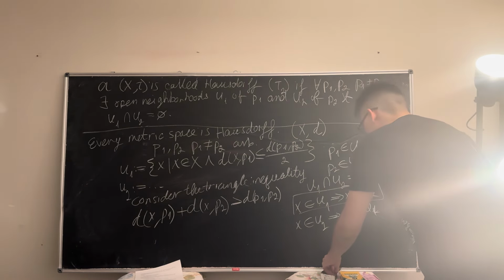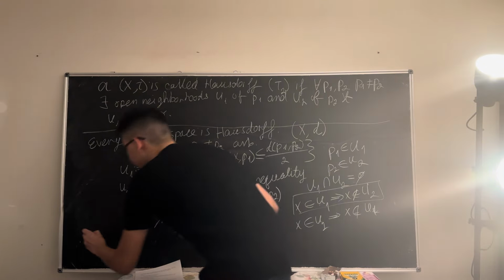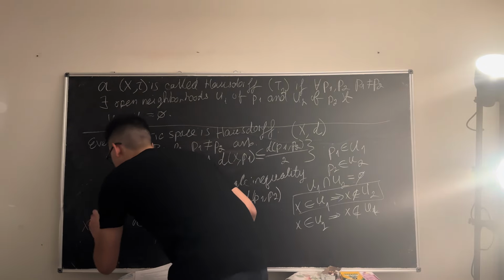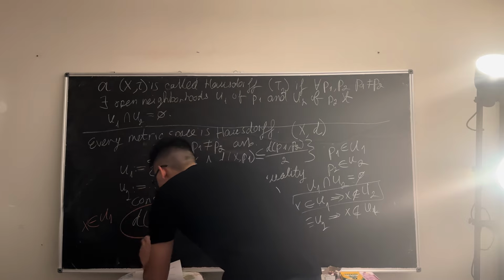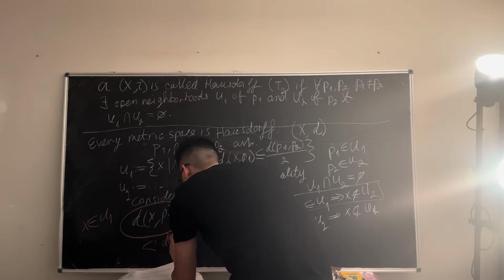Right? Now, if x belongs to U1, then this distance, by definition, is less than the distance between P1 and P2 over 2.